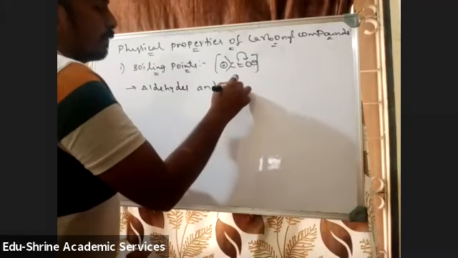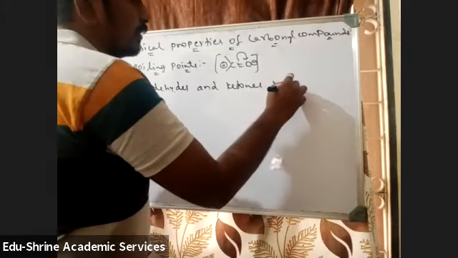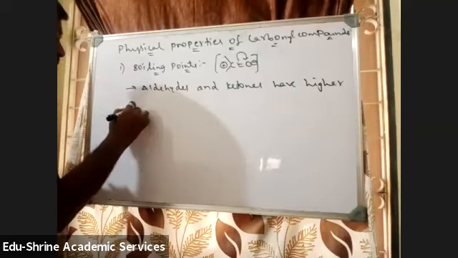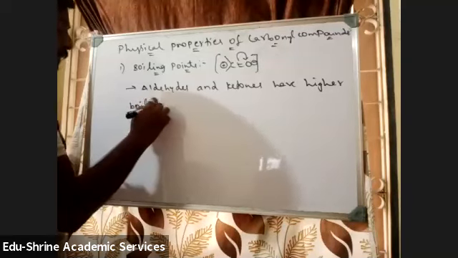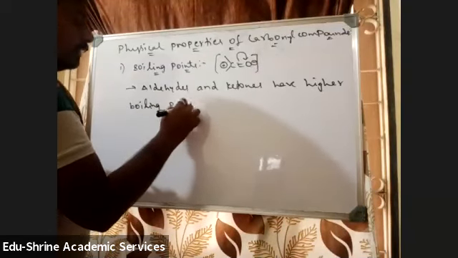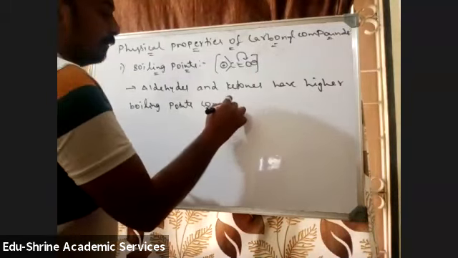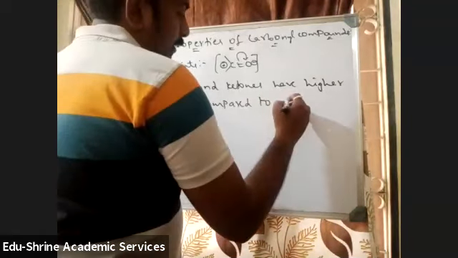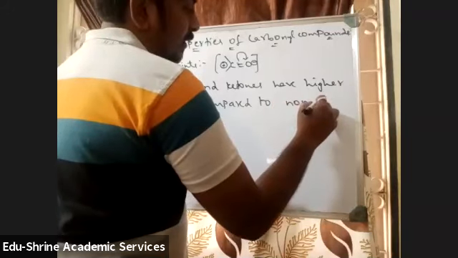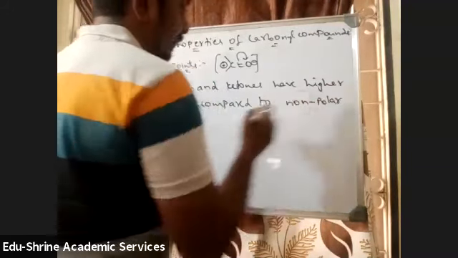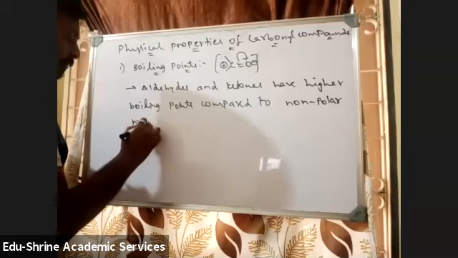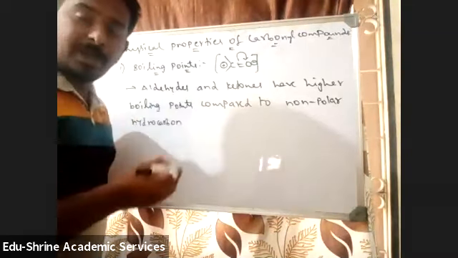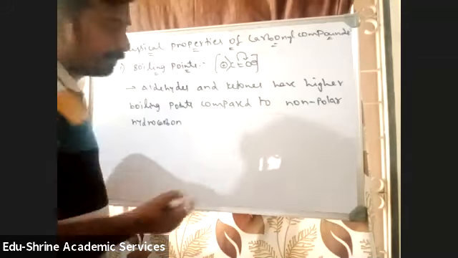Aldehydes and ketones have higher boiling points compared to non-polar hydrocarbons. Non-polar hydrocarbons means any hydrocarbon like alkane, alkene, alkyne, or benzene.